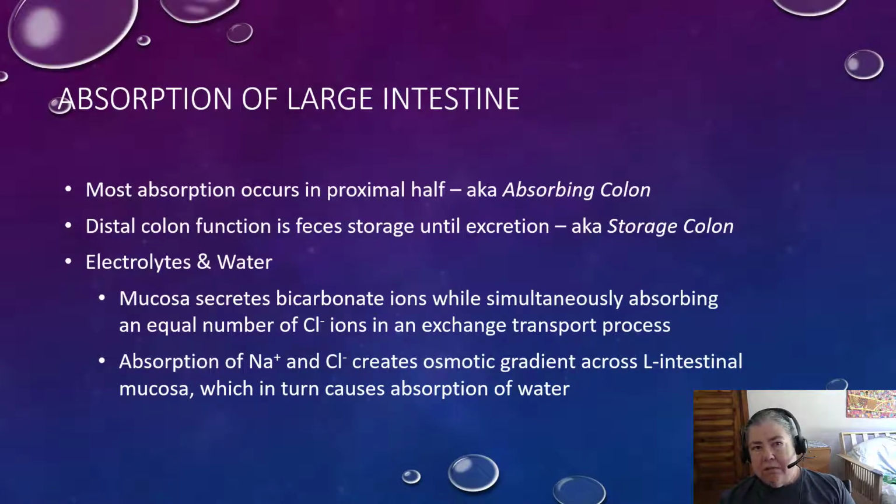Most of the water is absorbed in the proximal half of the large intestine. The distal colon is the storage colon and stores feces until excretion. The mucosa, when it secretes bicarbonate ions, is absorbing chloride ions. There's an exchange of bicarbonate for chloride. But there is also absorption of sodium that creates an osmotic gradient that causes absorption of water across the intestinal mucosa.